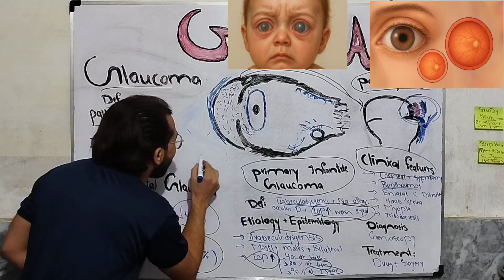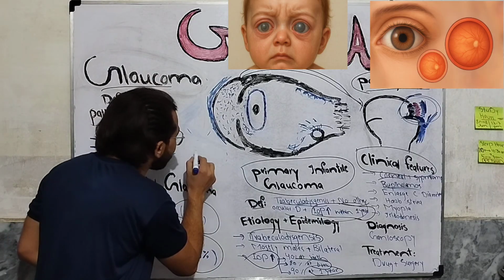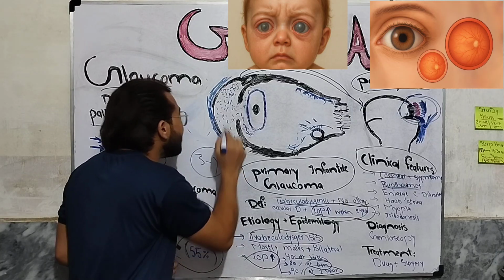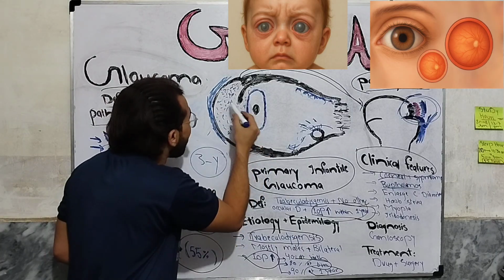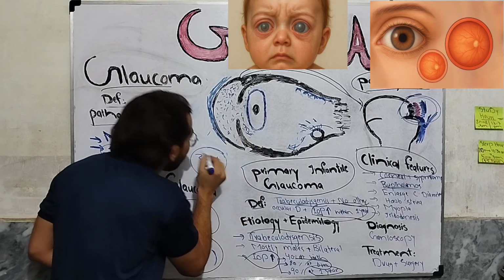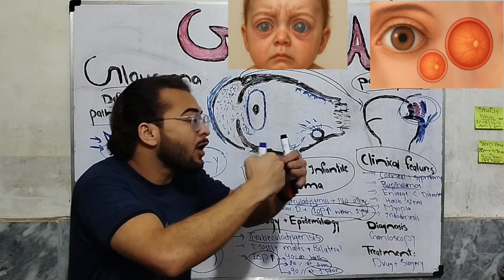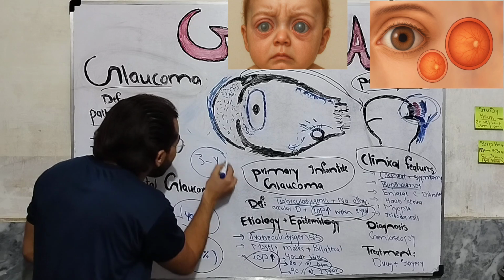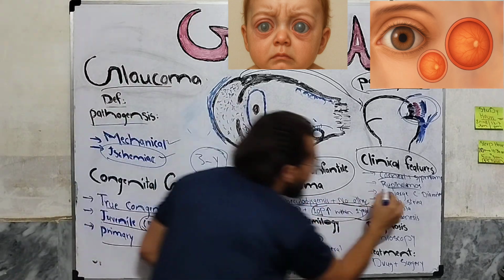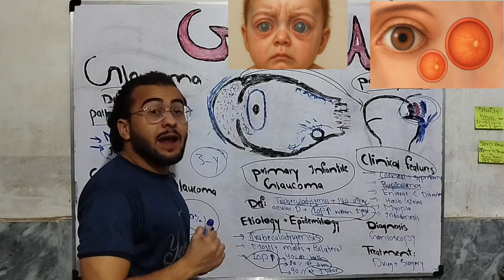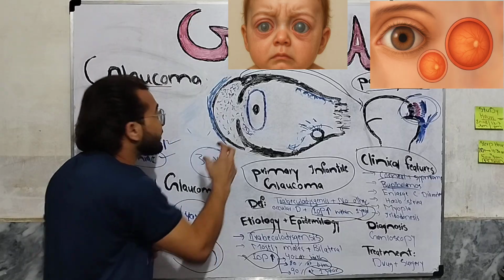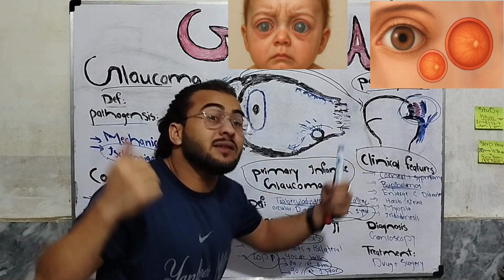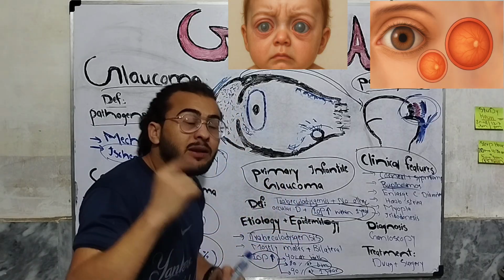As we noted, ocular development is completed at 3 years of age. So when there is any problem, for example when the intraocular pressure increases in this period, it will cause the ocular length to increase. The ocular bulb will enlarge because of this intraocular pressure. This is called buphthalmos. And due to this increased intraocular pressure, the corneal diameter will also enlarge. The horizontal corneal diameter is normally about 10 millimeters at birth.